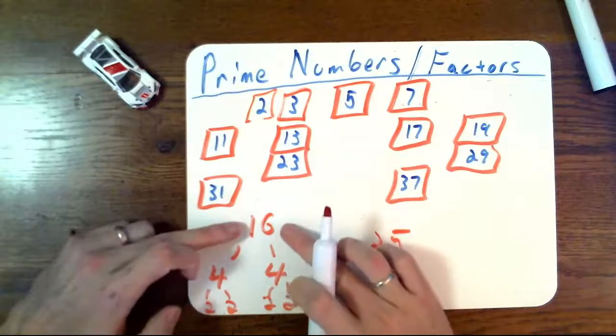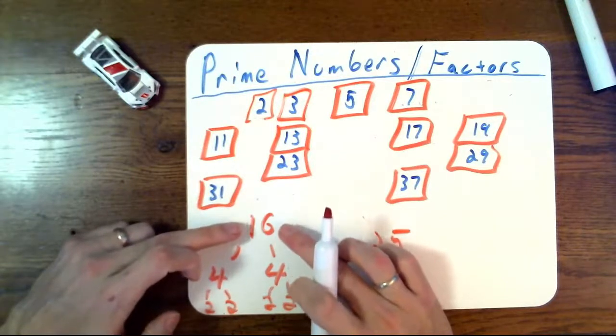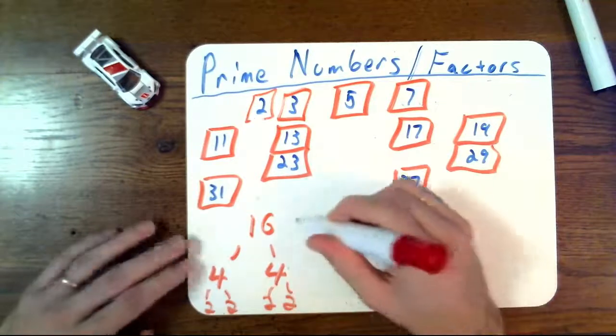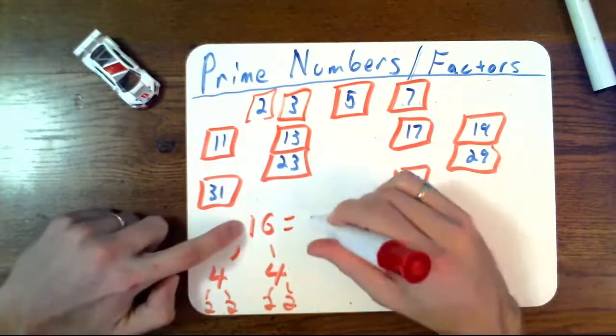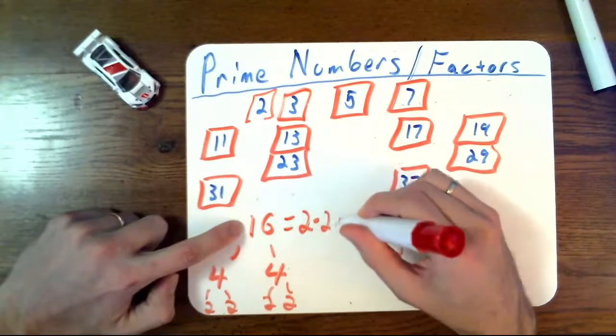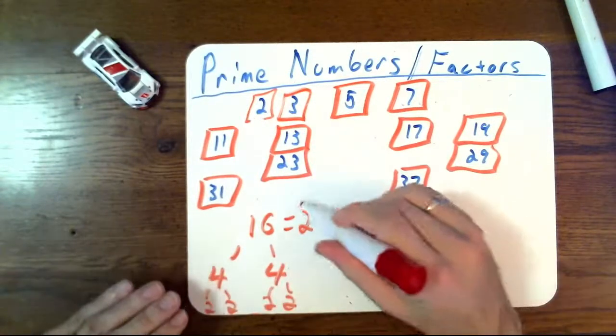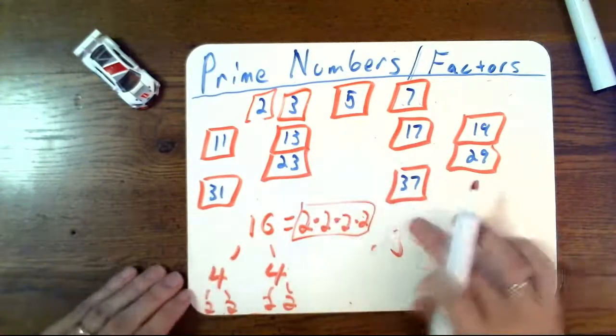So this is called prime factorization, when you split a composite number into its pieces. So we could also write 16 as 2 times 2 times 2 times 2, and 2 is prime, so that's how we know to stop there.